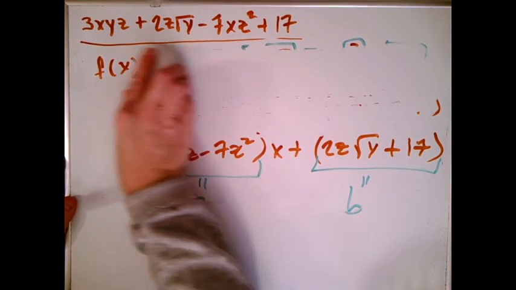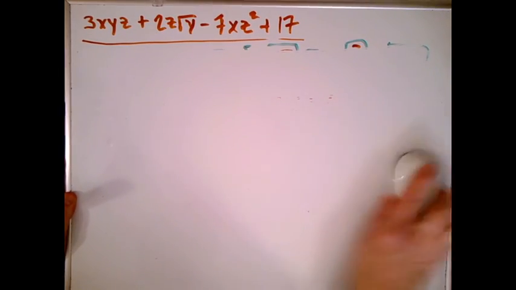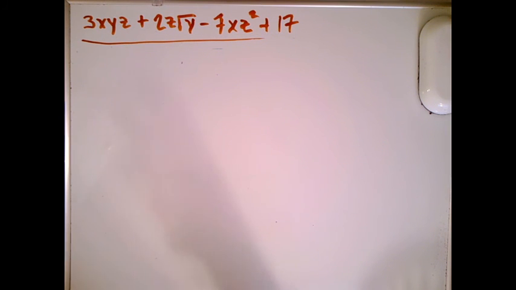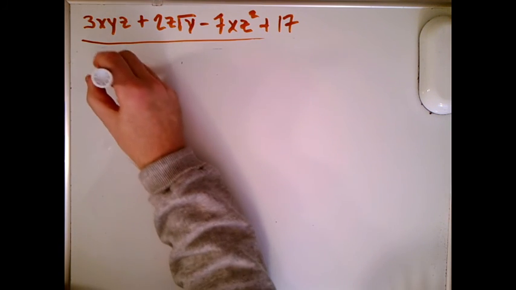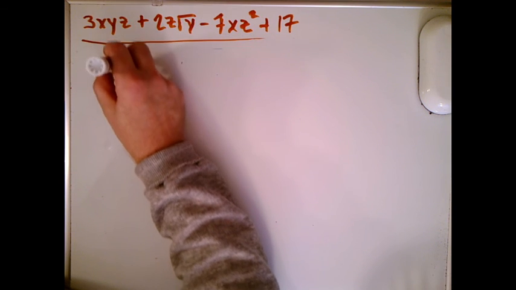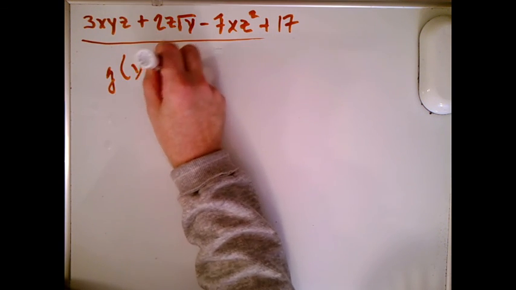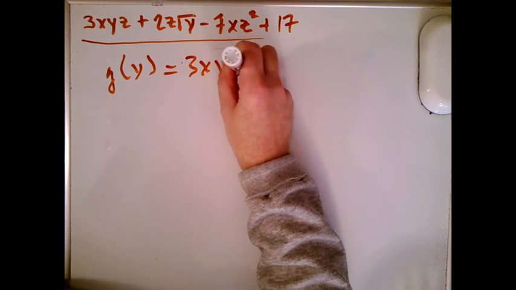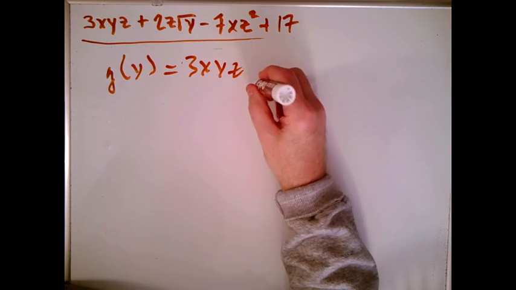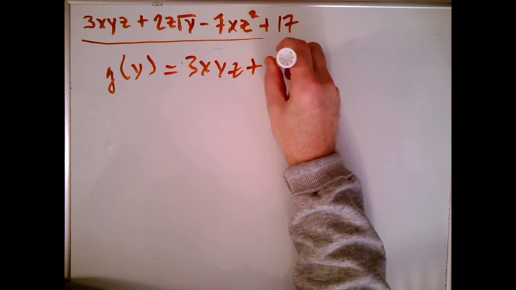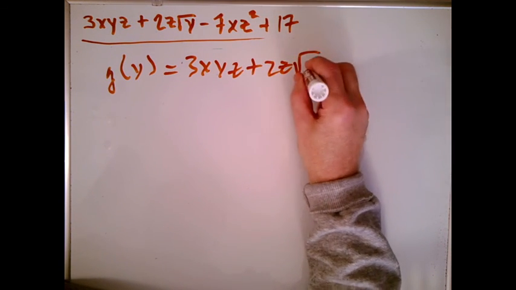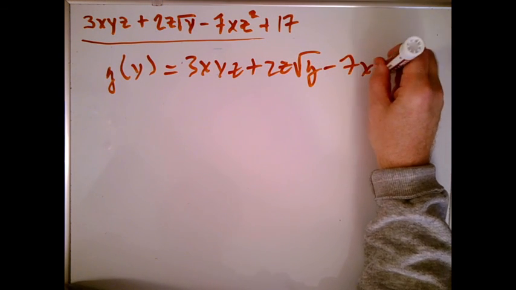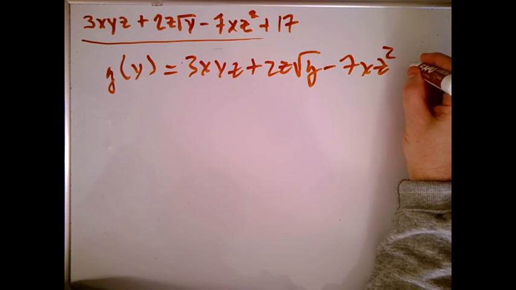So let's just do it again. This time, we're not going to write g of x. We are going to write g of y. So I'm going to write down g of y equals 3x yz plus 2z square root y minus 7x z squared plus 17.